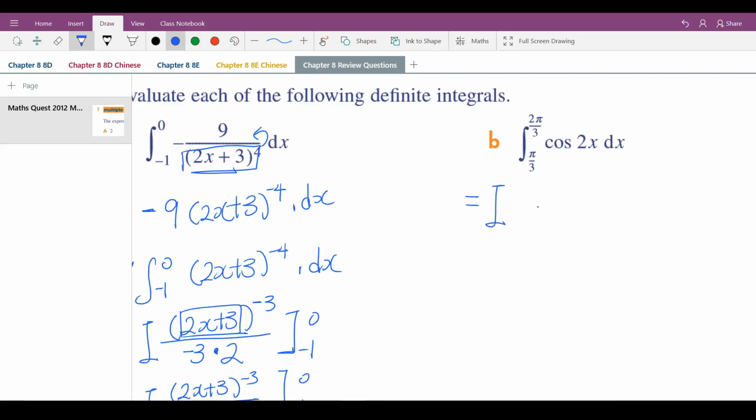When you integrate cos, or anti-differentiate cos, it gives you positive sine 2x, and then you divide by the derivative inside the brackets, which is 2. And that's it, from pi over 3 to 2 pi over 3.